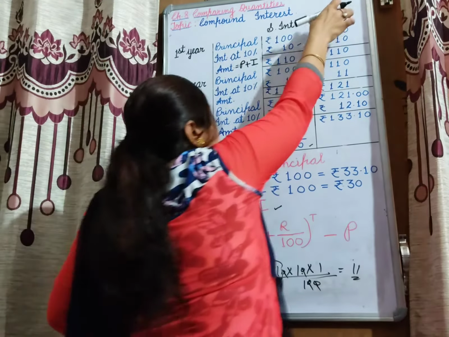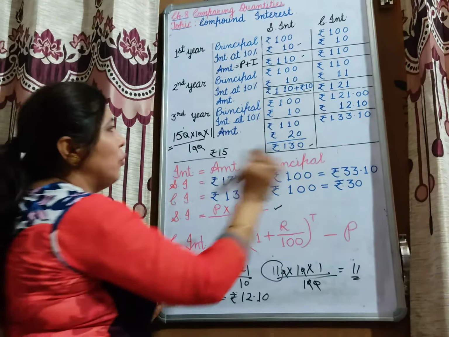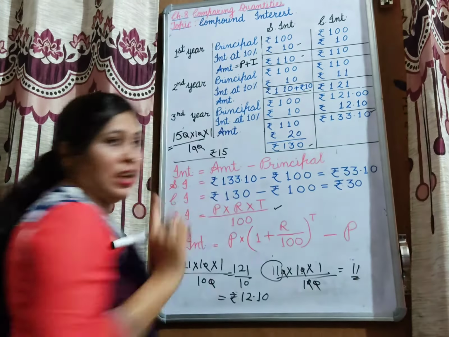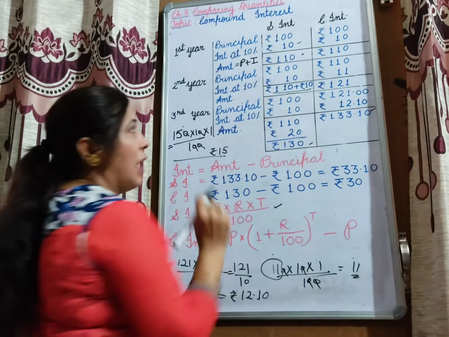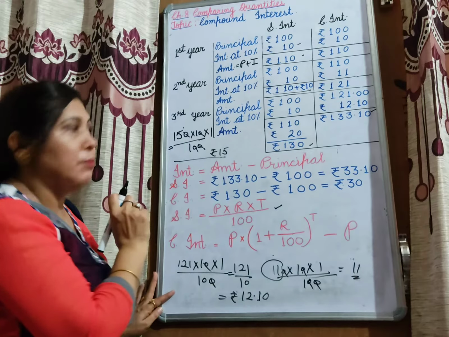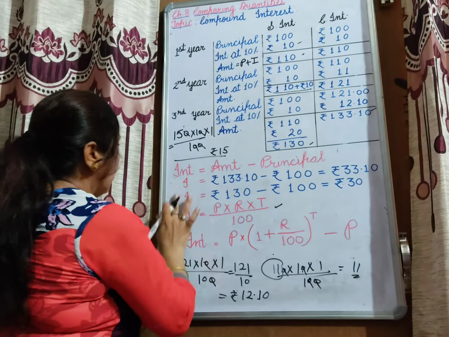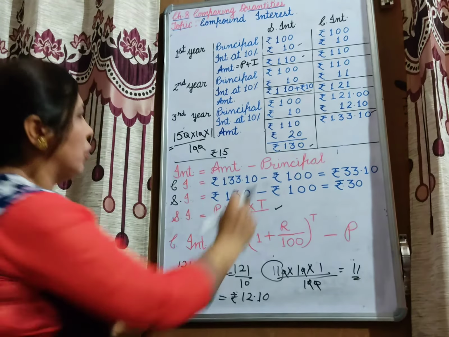Now, if we need to find the compound interest, then how will we find it? This is the amount which we have to pay after 3 years, and what is our principal? That is rupees 100. So, how will you find the interest?